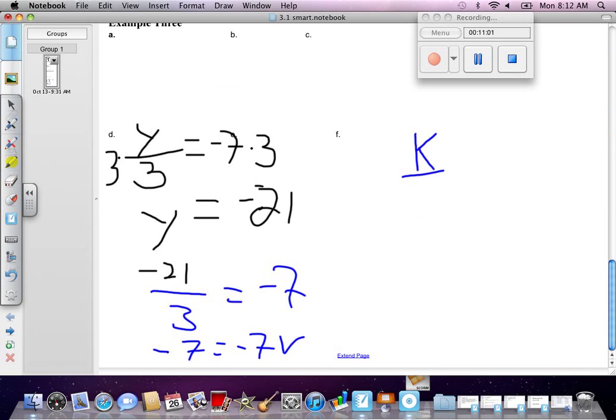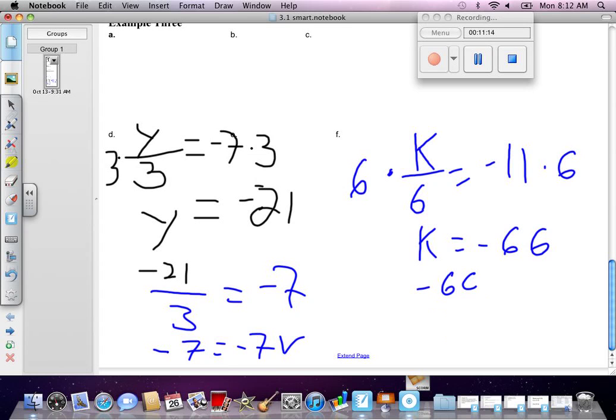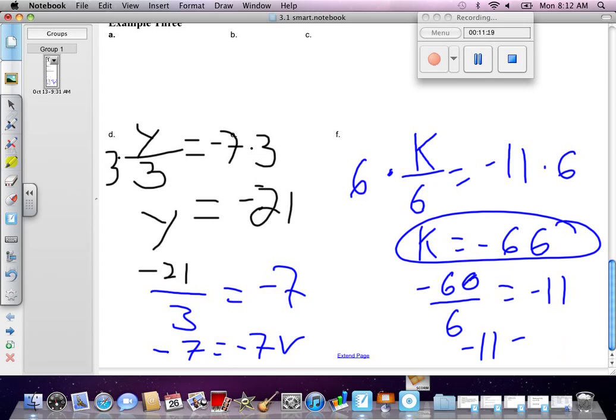K over 6 equals negative 11. What am I going to do? Multiply each side times 6. K equals negative 66. Plug it back in so we can do our check. Remember, this is the right answer. This is my checking. Negative 11 equals negative 11. Check. All right.